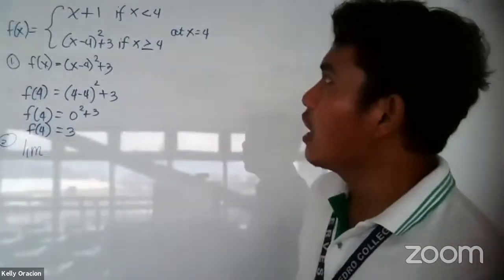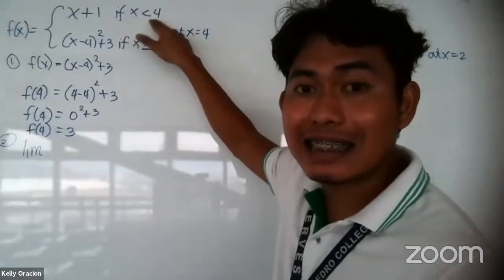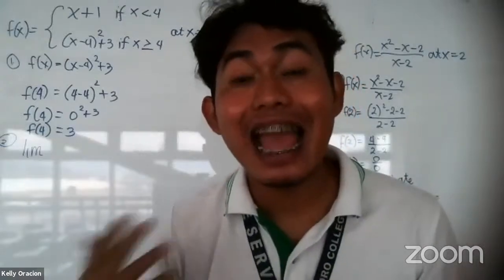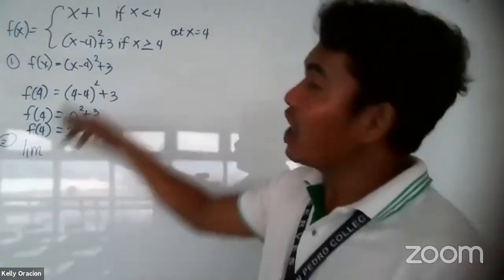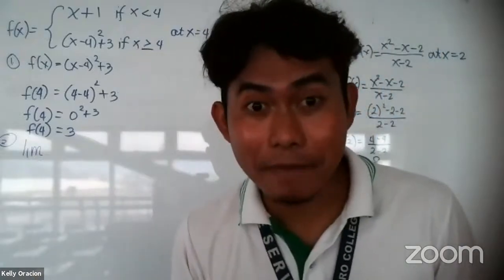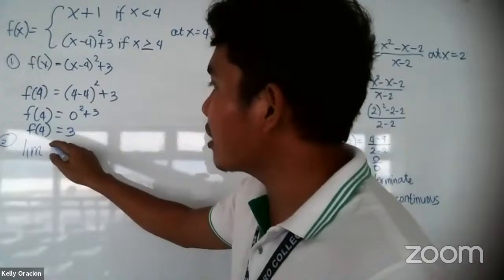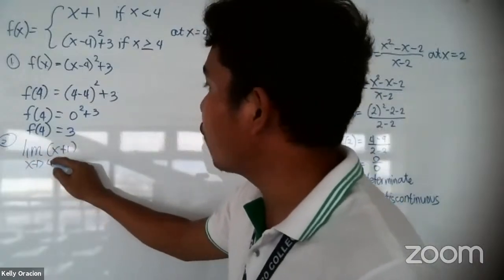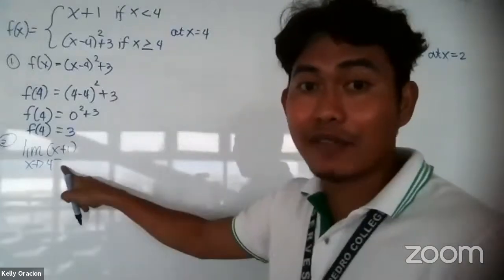Okay. When we say x is less than 4, that is the left-hand limit. Di ba? Less than left-hand limit. If x is greater than 4, that is the right-hand limit. So the limit of x plus 1 as x approaches 4 from the left, kasi left-hand, di ba?